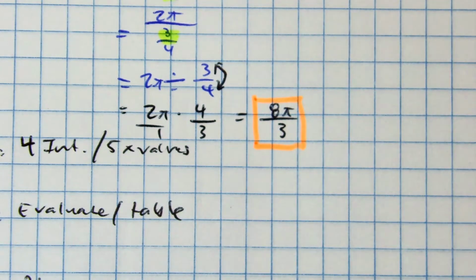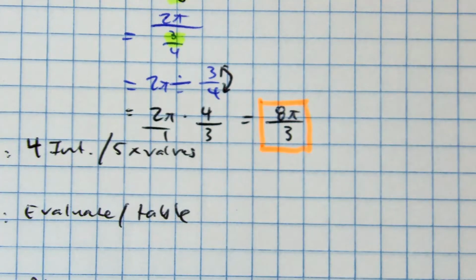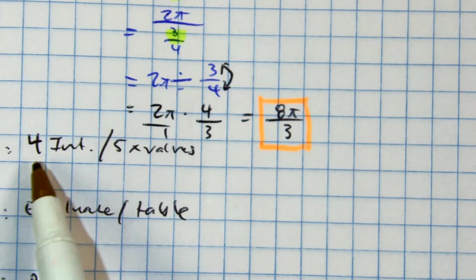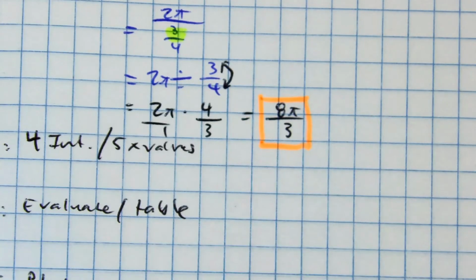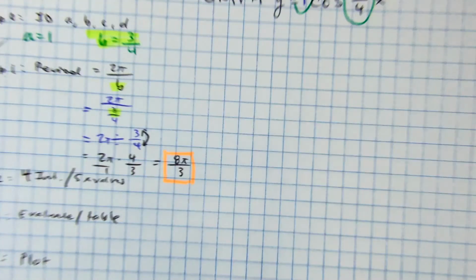Alright, we did steps 0 and 1. Let's do step number 2, the 4 intervals or the 5 x values, okay? This is going to get messy because all it is just your best friend, fractions.